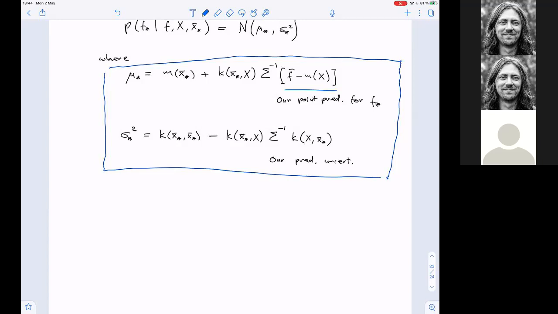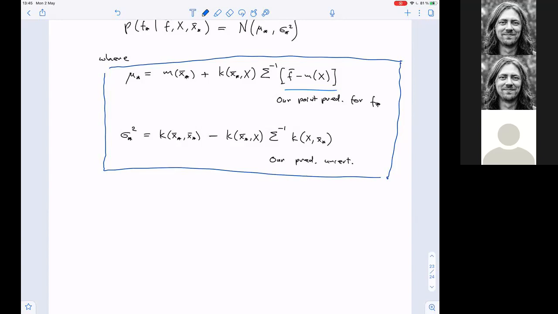So it's looking at the shift away from the central prior, and the term before that is effectively measuring, for each of those points in the training set, how correlated I expect that function value to be with my f star.